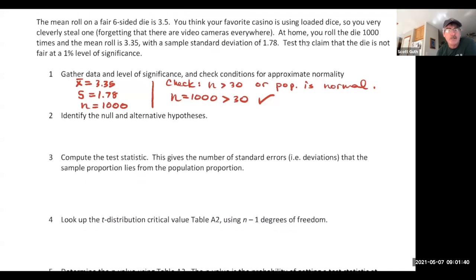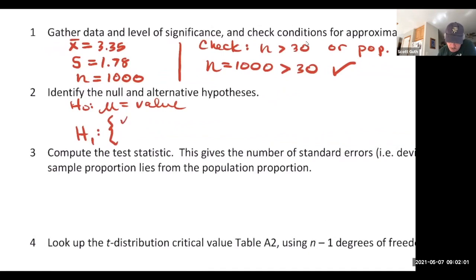All right. Then our null and alternative hypotheses. So the null hypothesis is always mu just equals some value. Okay. The alternative has three possible forms as usual. You can say that mu is less than the value. Mu is greater than the value. Or mu is not equal to that value.